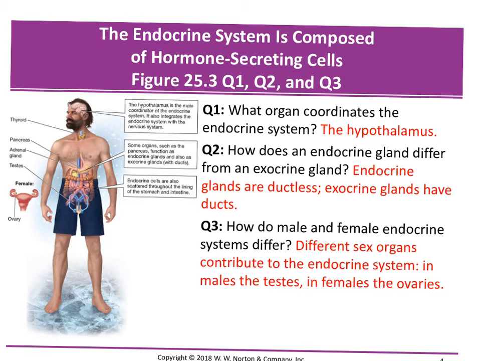How do male and female endocrine systems differ? Different sex organs contribute to the endocrine system. In males, it's testes, and in females, it's ovaries. And then overlying this whole thing are two insulin-like growth factors that actually control a lot of the hormones, including thyroid hormone and sex hormones as well.